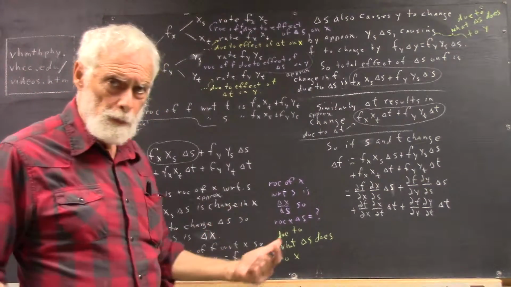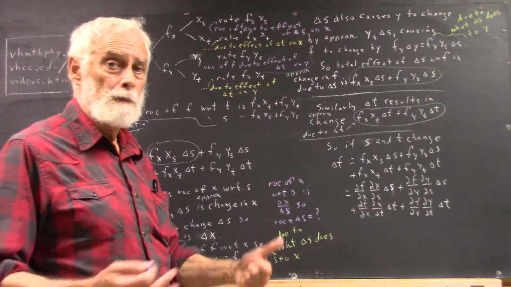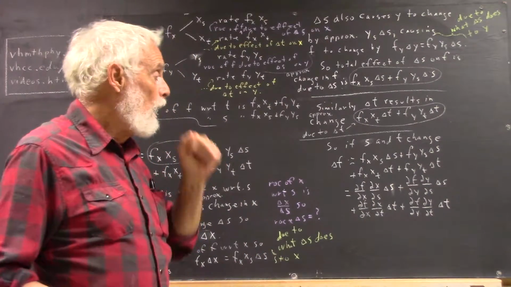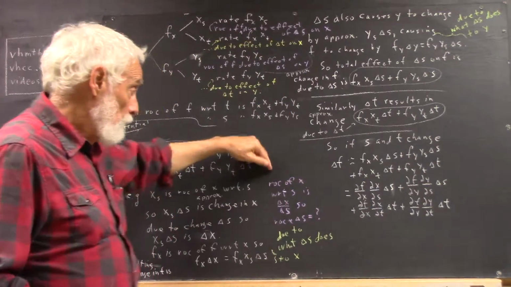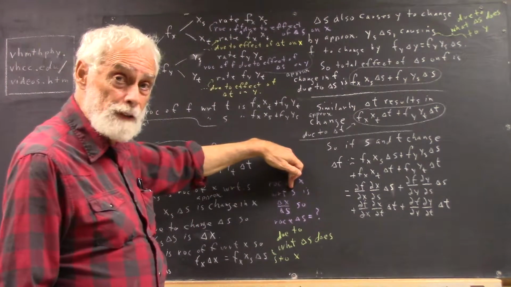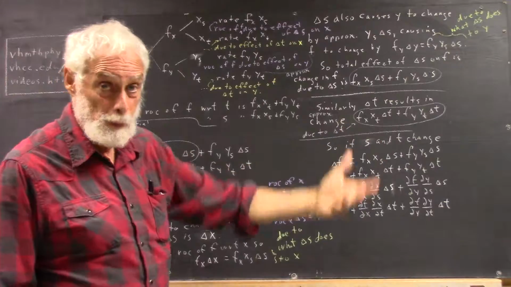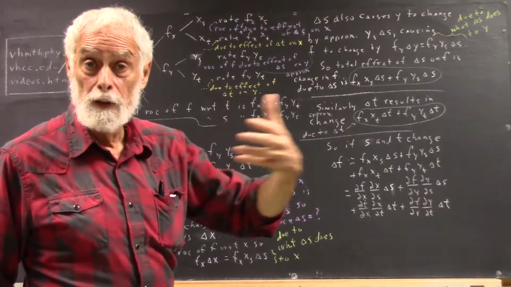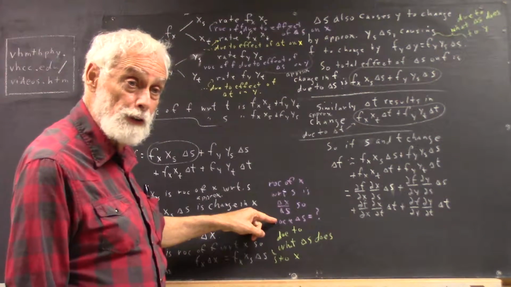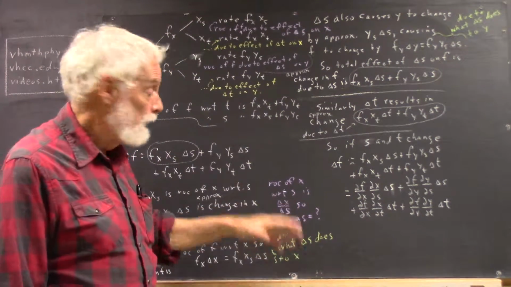And this is multivariable calculus. It's high time everybody has a grasp of the idea of rate of change. The rate of change of x with respect to s, by definition of what we mean by rate of change of one variable with respect to another, is change in x divided by change in s. Now, there are more specific definitions.